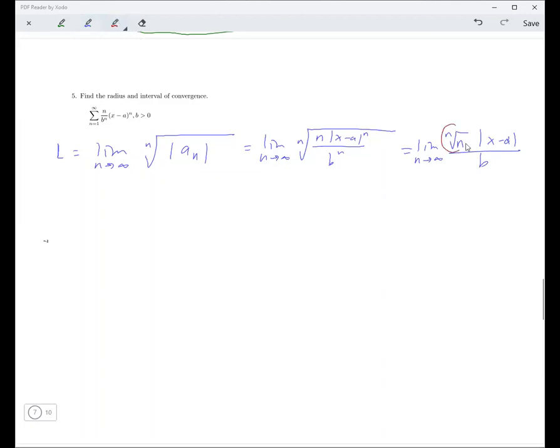So we get this right here, and when you set that less than 1, you get x minus a absolute value less than b. So the radius of convergence will be b.